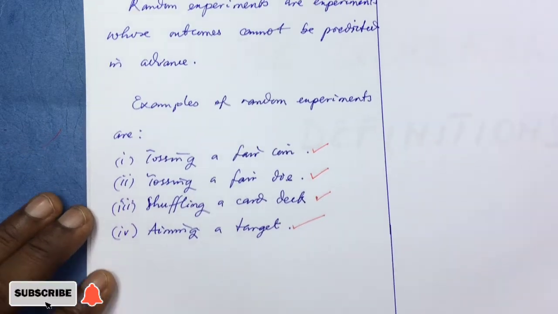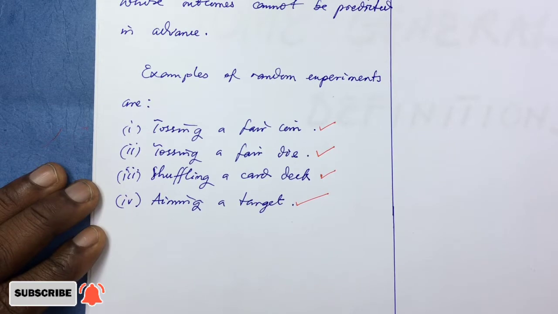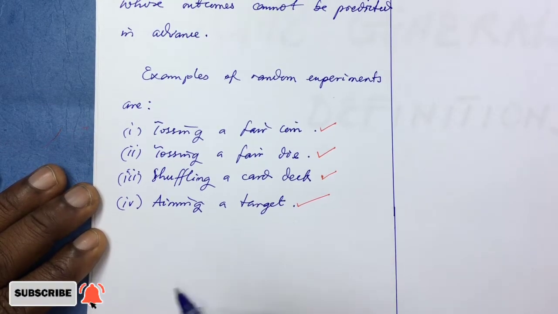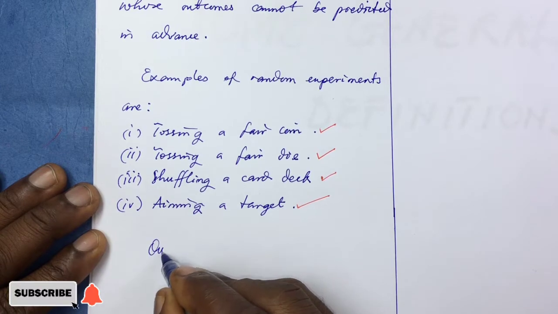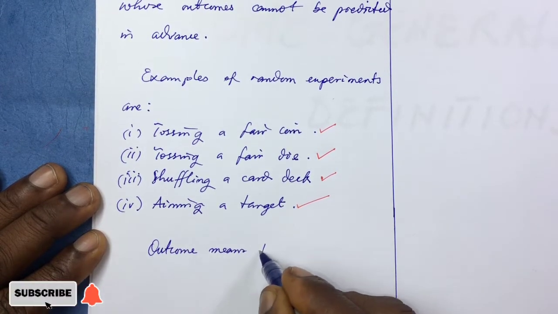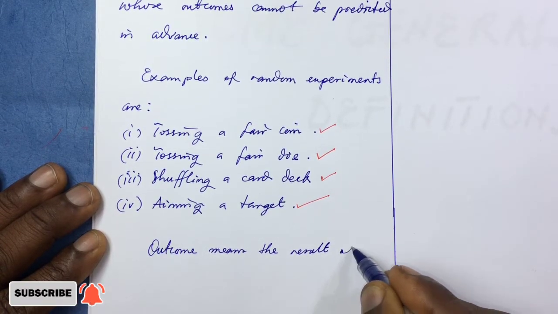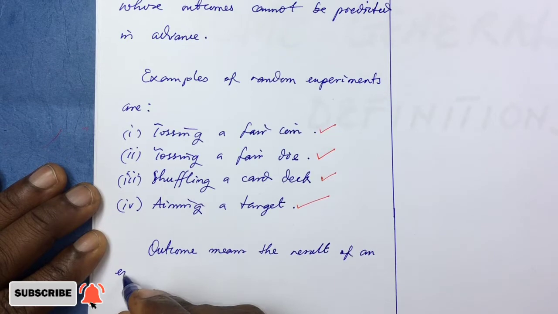Now, I must clarify before we proceed what we mean by the terminology outcome. So, outcome means the result of an experiment.